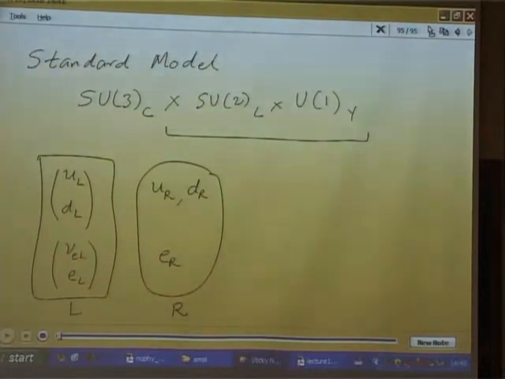Plus all of this becomes a generation, and there are 3 generations. So when I say L, L actually stands for 3 colors of quarks plus 1, so 4 doublets per generation times 3 generations, so 12 doublets. So L actually stands for 12 doublets of fermions.